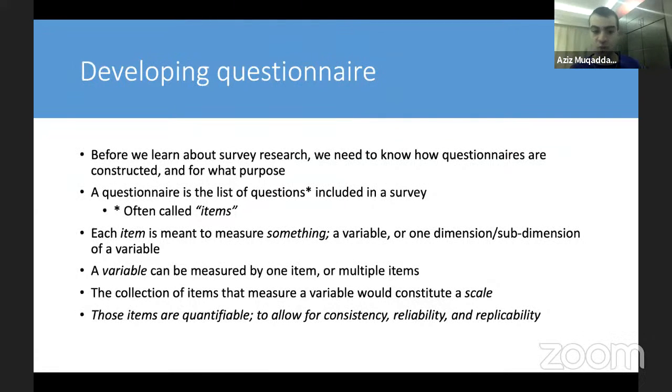But we can also have a group of items measuring one variable. If we're measuring, for instance, motivation to exercise, we can have 4 or 5 different items, all meant to capture that concept we're calling motivation to exercise.